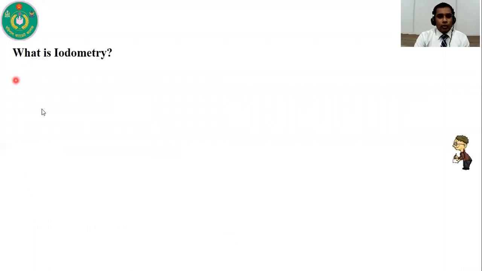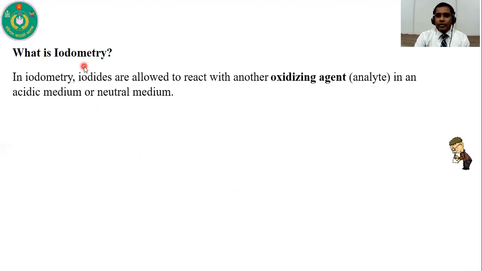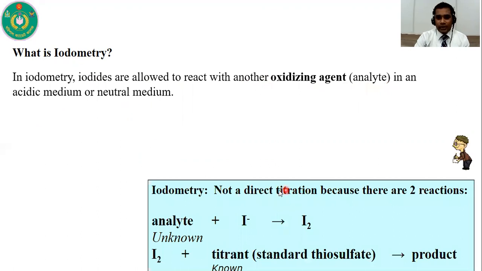So now, what is iodometry titration? In iodometry, iodides are allowed to react with an oxidizing agent, that means the analyte, in an acidic or neutral medium. Here you can see that at first the analyte reacts with the iodide solution, and that's why we get iodine.